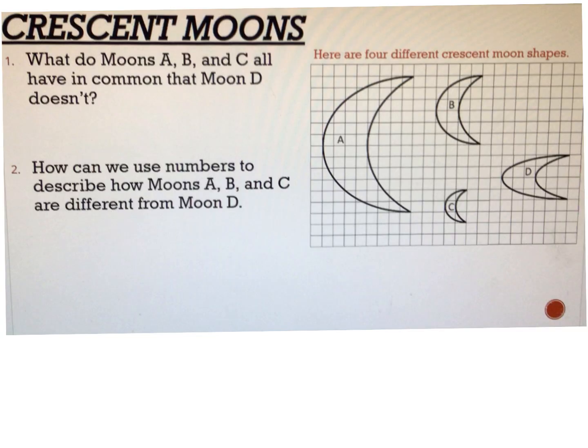For this next example, we're looking at these different pictures of these moons. What do moons A, B, and C all have in common that moon D does not have? Well, there could be a lot of answers on this one. One thing that seems kind of obvious is D looks like it's been smashed down.